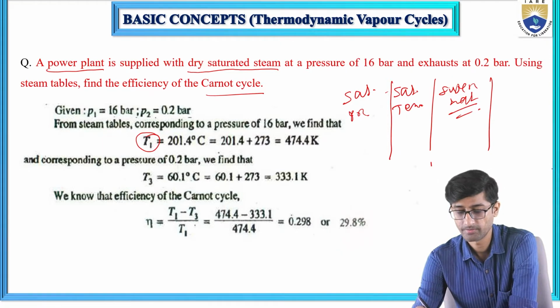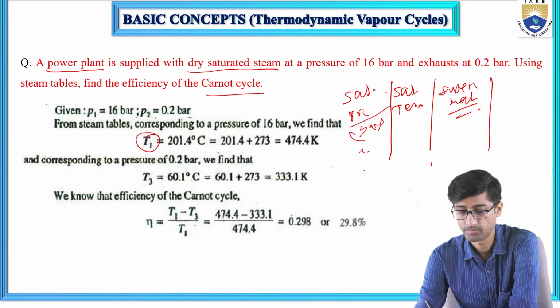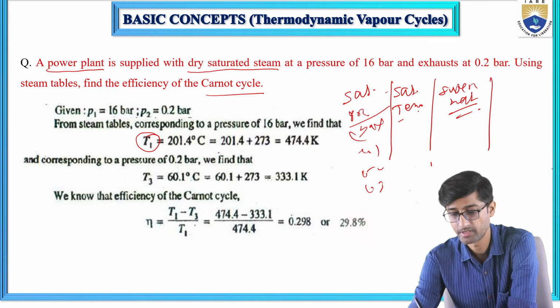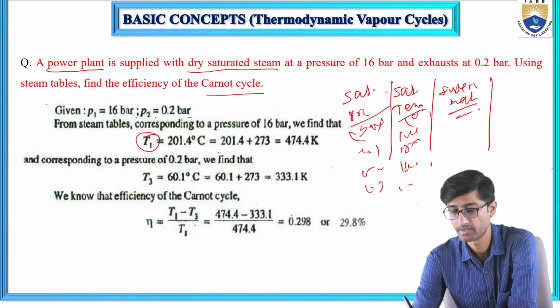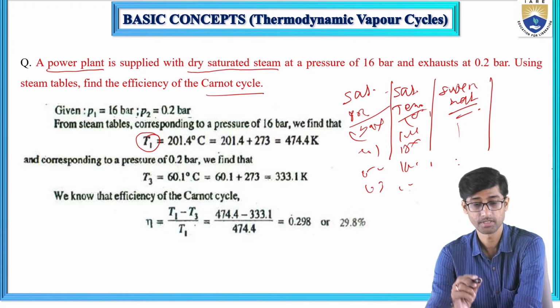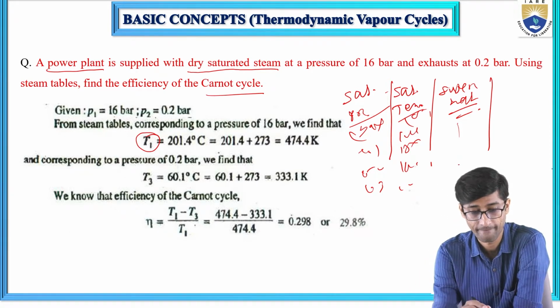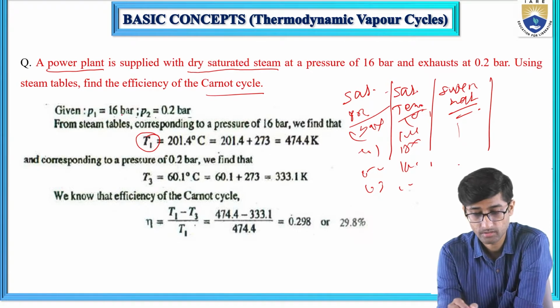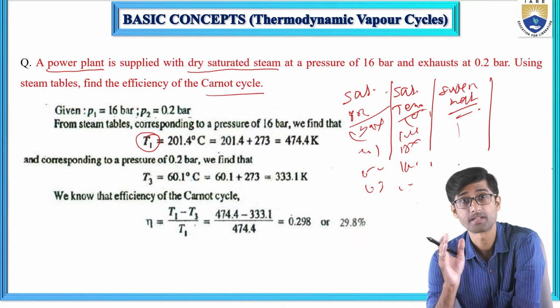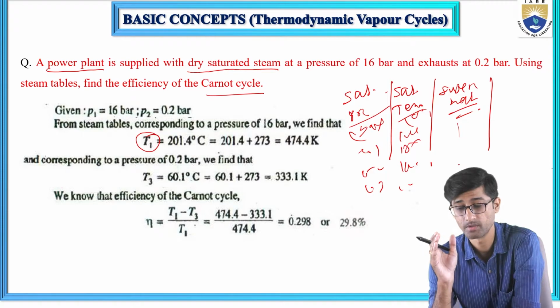If you see the steam table, the first page is saturation pressure, and the pressure is given in bar, like 0.1, 0.2, 0.3, like that it is given. And temperature is given in degrees Celsius, like 100, 130, 150, 160, like that. And superheated values are also given. Now we have to find the value of temperature T1 at the pressure P1. Here the initial pressure P1 is given as 16 bar.